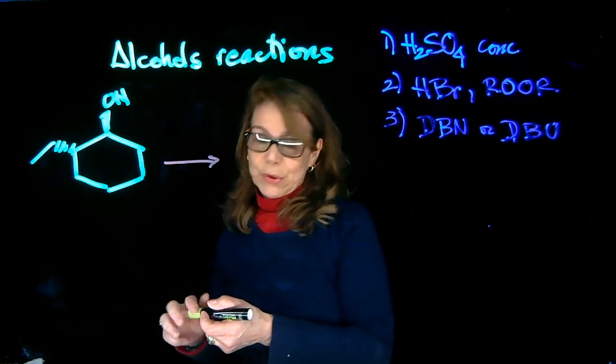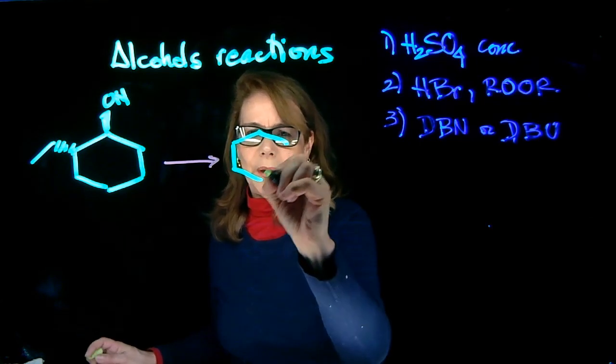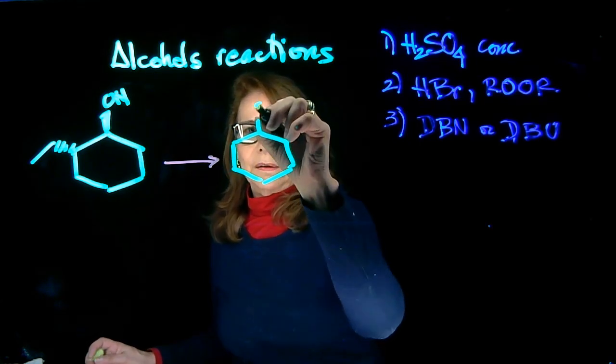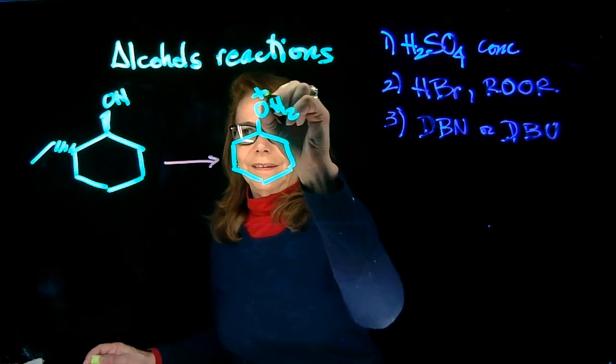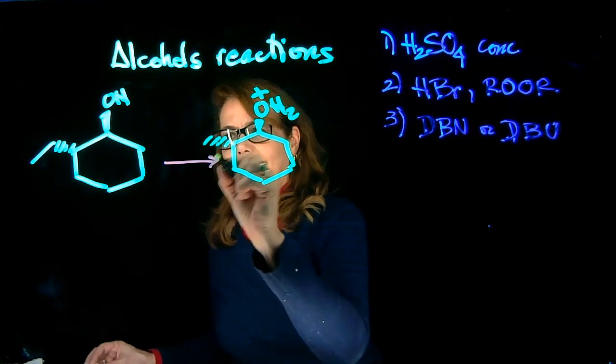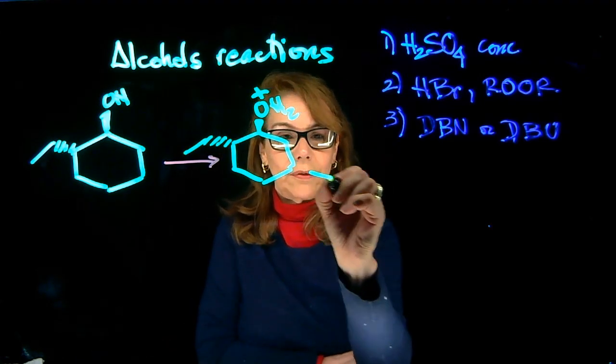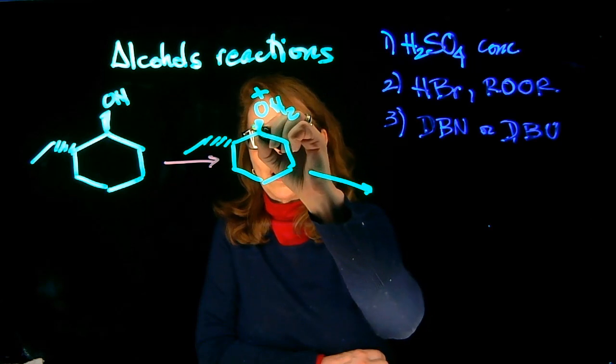So what we're doing now in the reaction, of course, we need to make this a good leaving group. Because that's secondary, the reaction is happening through an E1 mechanism.